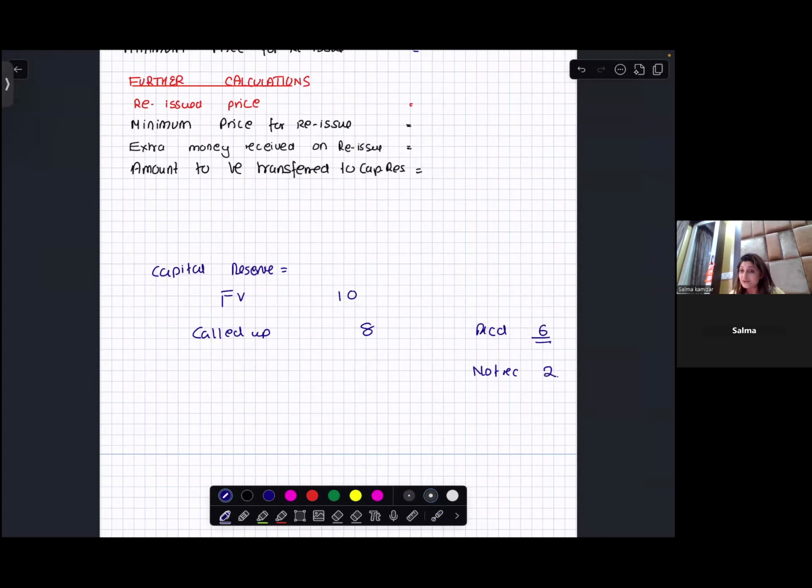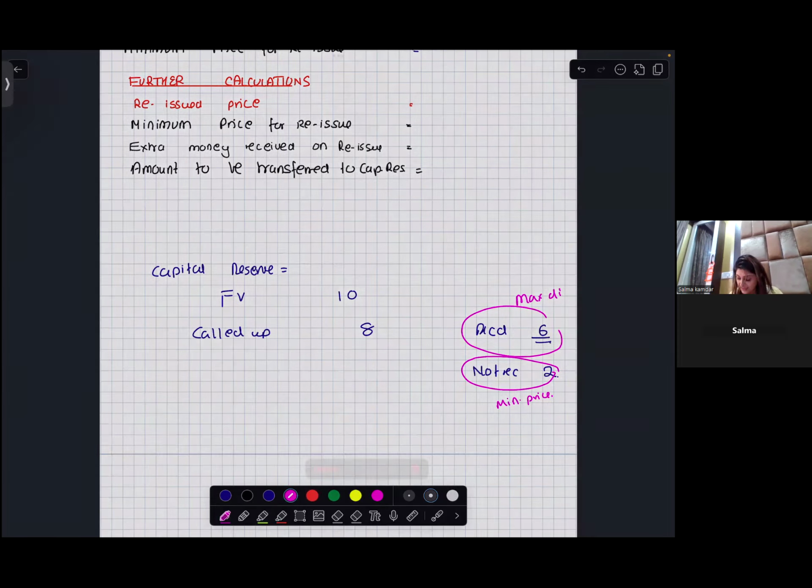Maximum discount that you can give is the amount received, and minimum price at which you have to issue is the amount not received. Maximum discount you can give is the amount received, minimum price is the amount not received.